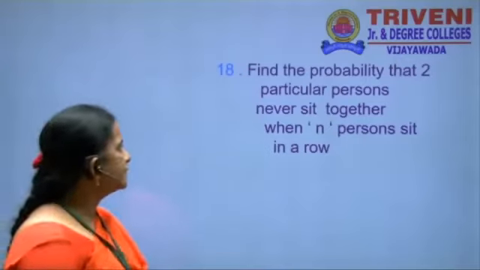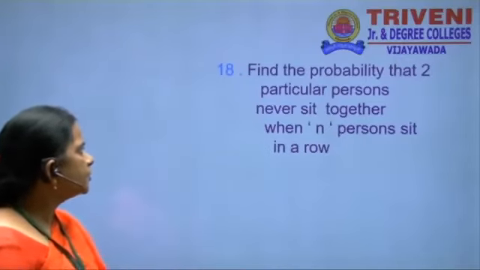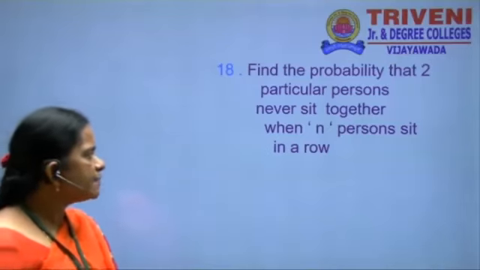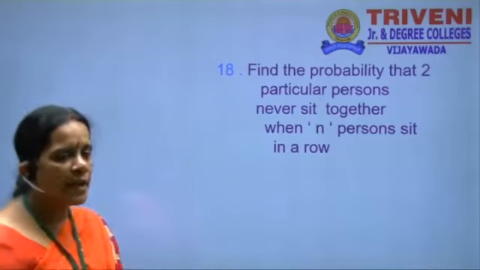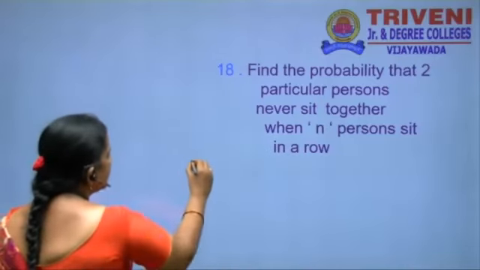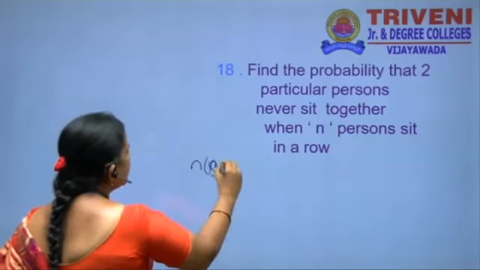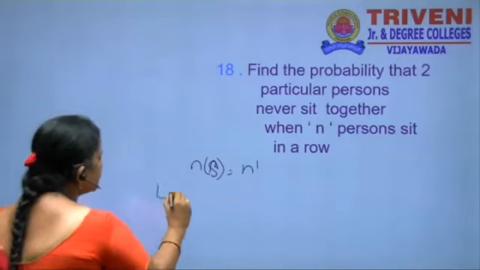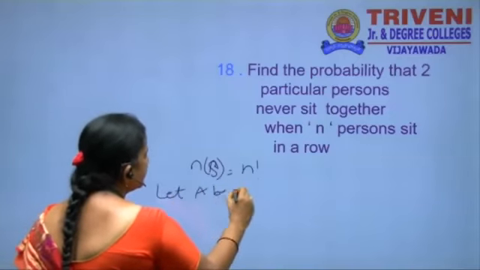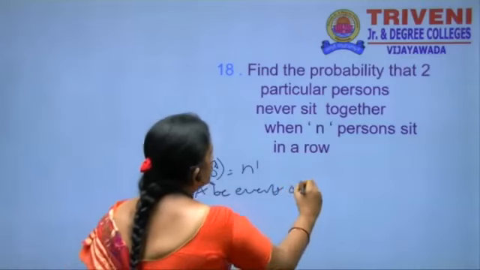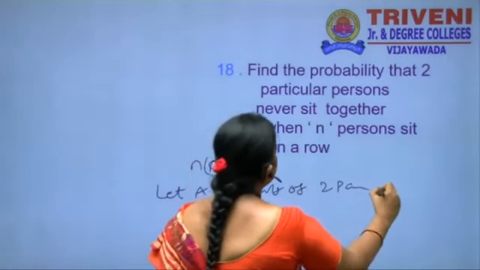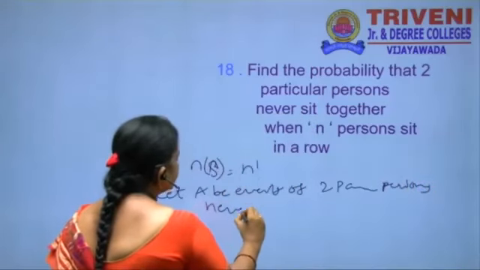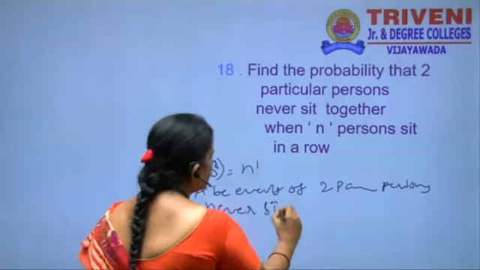And then next one is find the probability that two particular persons never sit together when n persons sit in a row. Here n persons are there. Then they can sit in how many ways? N factorial. Let A be the event of two particular persons never sit together.